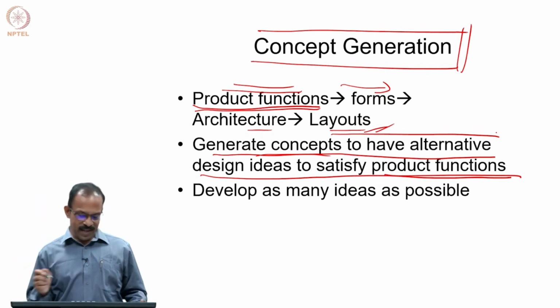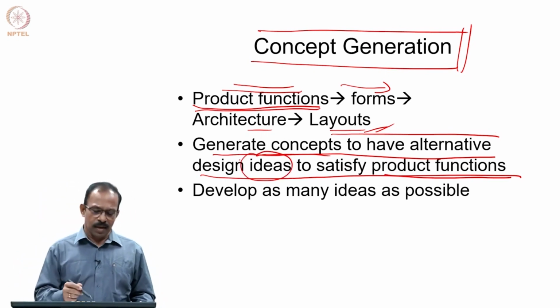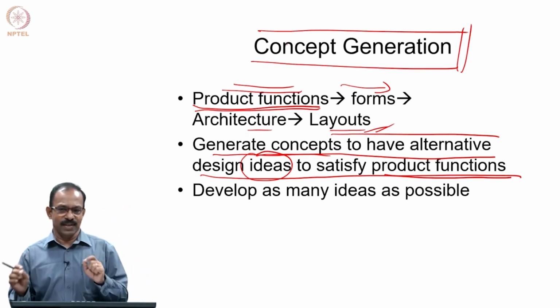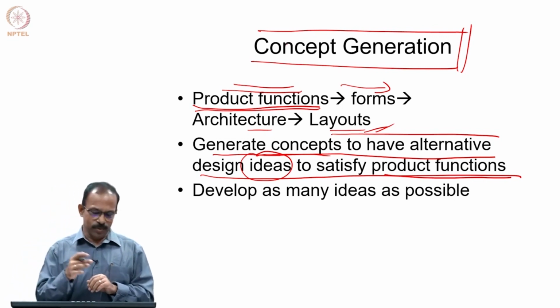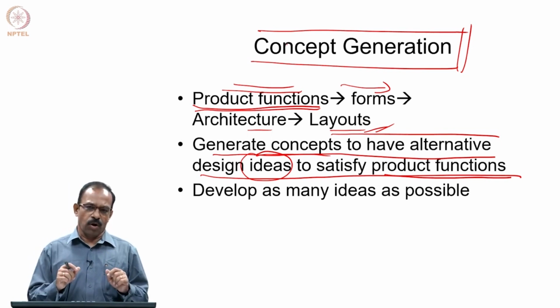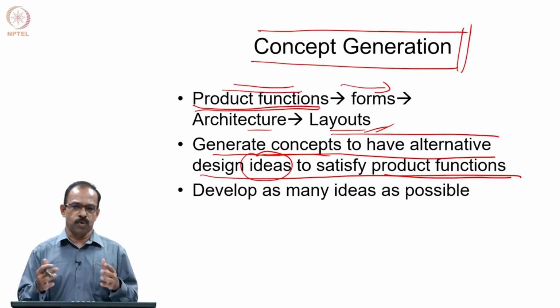So, we start with design ideas and then move to concept. Ideas and concepts are slightly different, they are not one and the same. I will tell you the difference. You develop a lot of ideas, and then a concept needs to be worked out from the idea which you find is most feasible.